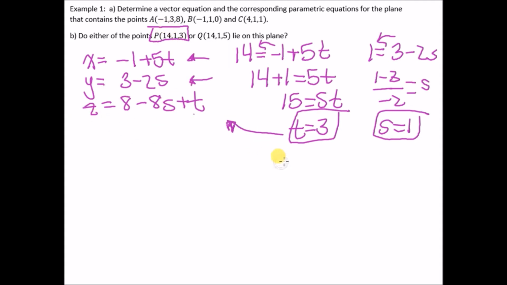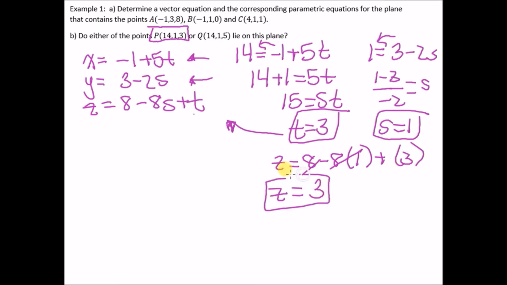So z is 8 minus 8s plus t. 8 minus 8 cancels, so I get z equals 3. Go back up here, z does equal 3, therefore p lies on the plane.